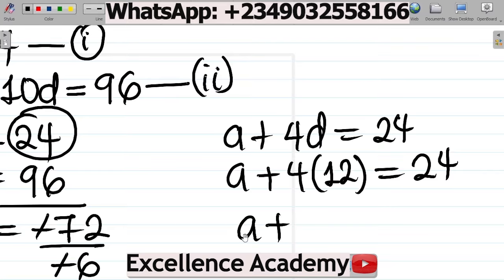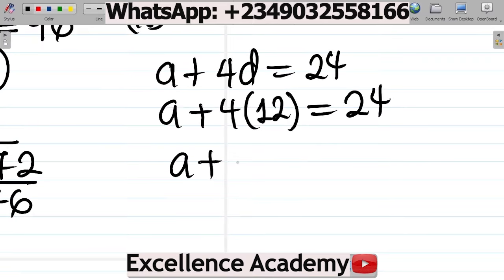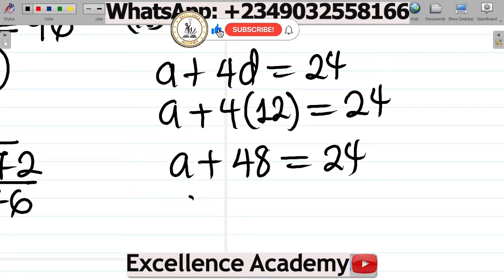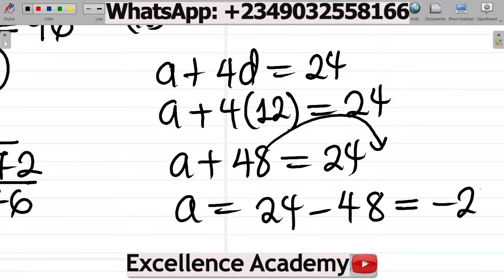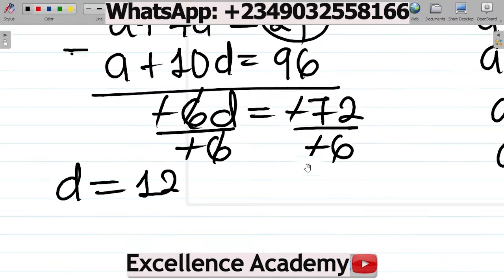A plus 48 is equal to 24. So A is equal to 24 minus 48, moving 48 over becomes minus 48. 24 minus 48 gives you minus 24. So the value of A is minus 24.